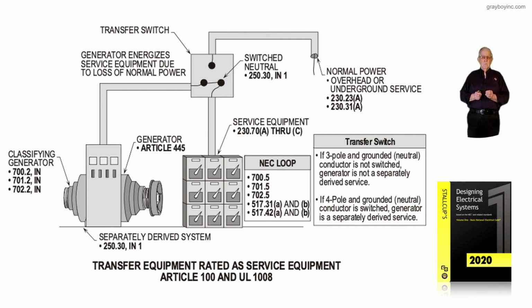Now, with this in mind, this is what figure 6-40 is illustrating, exactly what type of transfer switch do we have. 3-pole, 4-pole, is it service equipment rated or is it not? And then the classification of the generator, and then the NEC loop that suggested sections that we should review. That's what this figure 6-40 is illustrating.